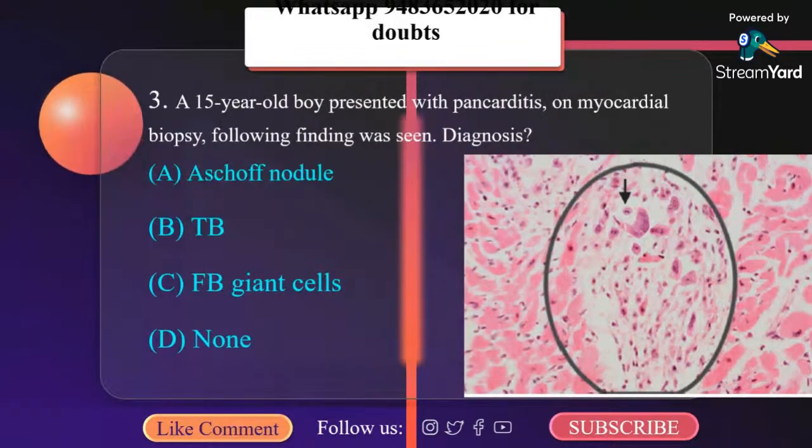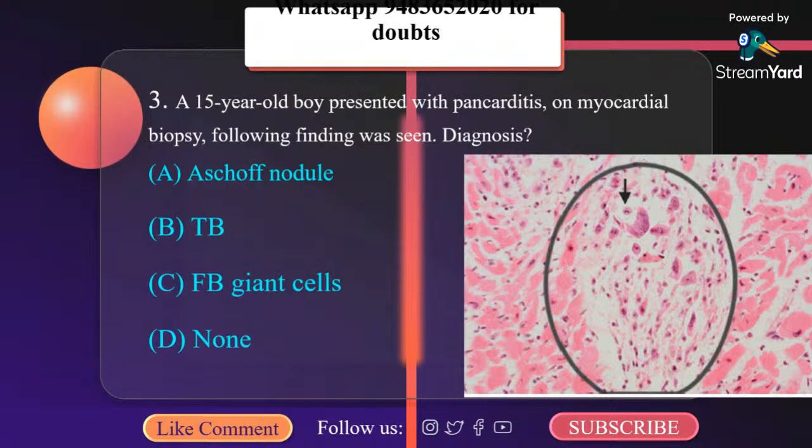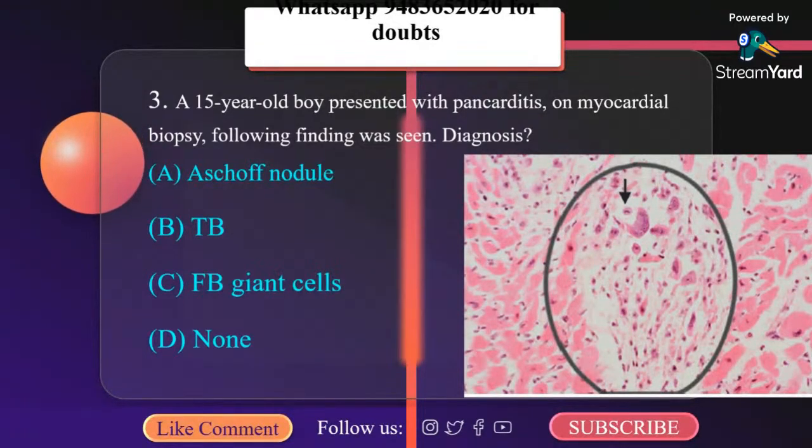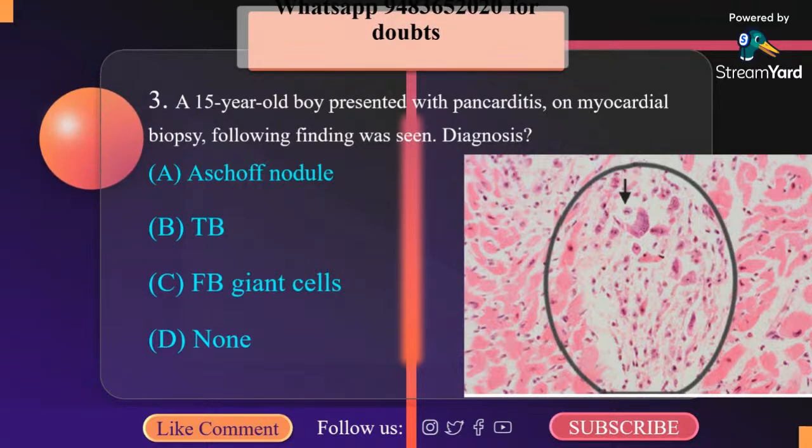These Aschoff cells are the macrophages of rheumatic fever, and Anitschkow cells, cells with caterpillar-like chromatin, marked with an arrow. So it is Aschoff's nodule.